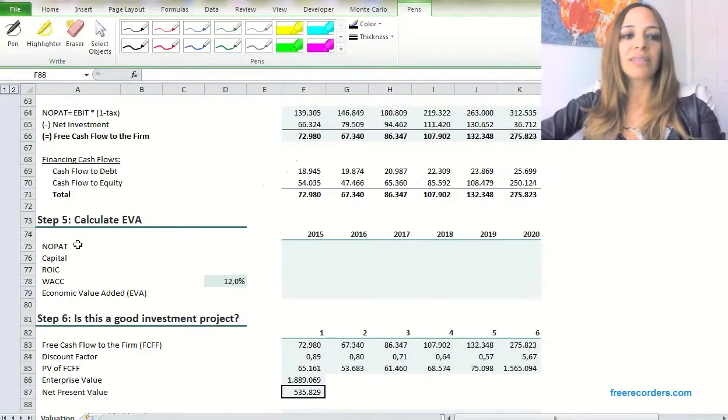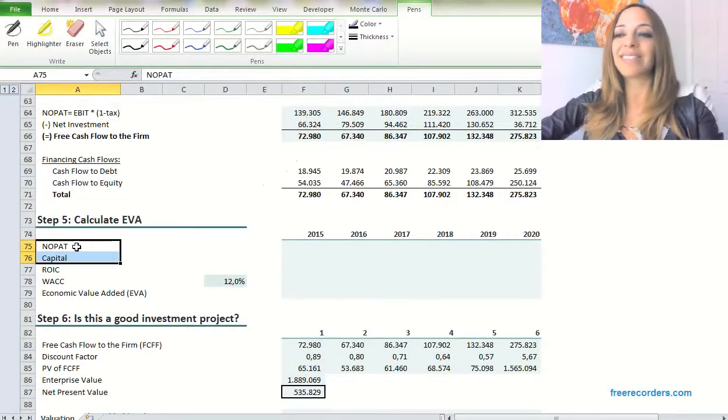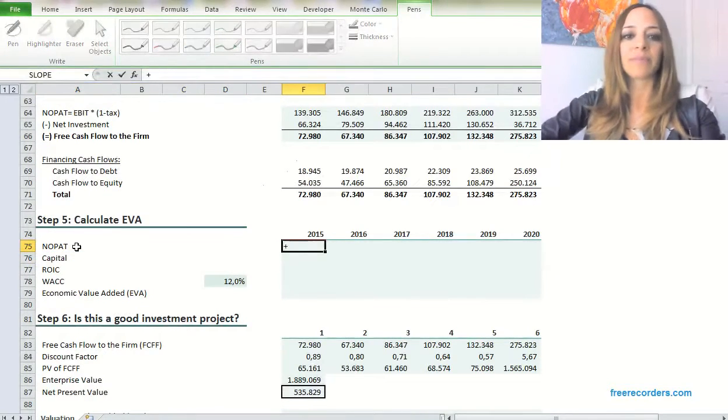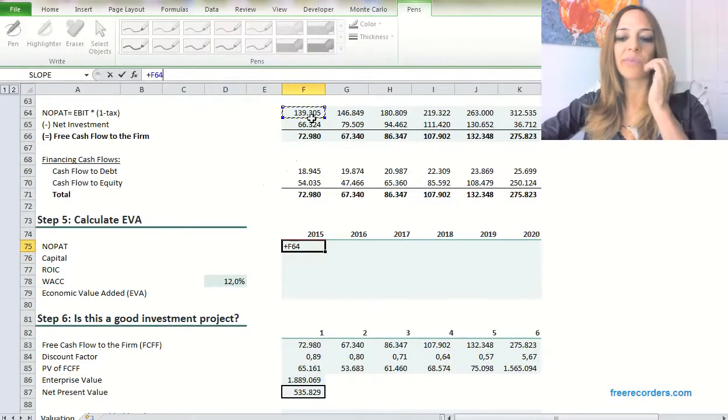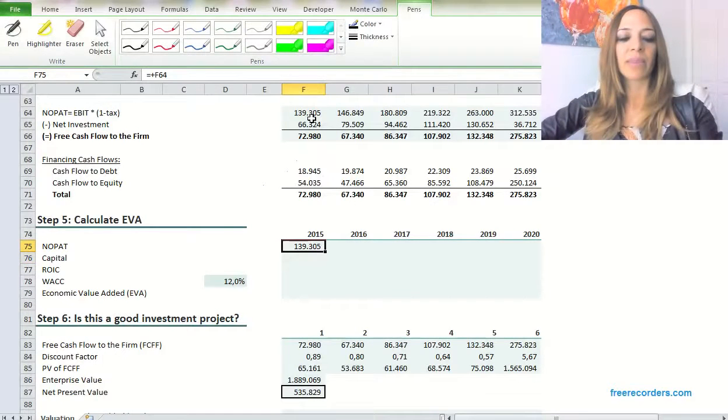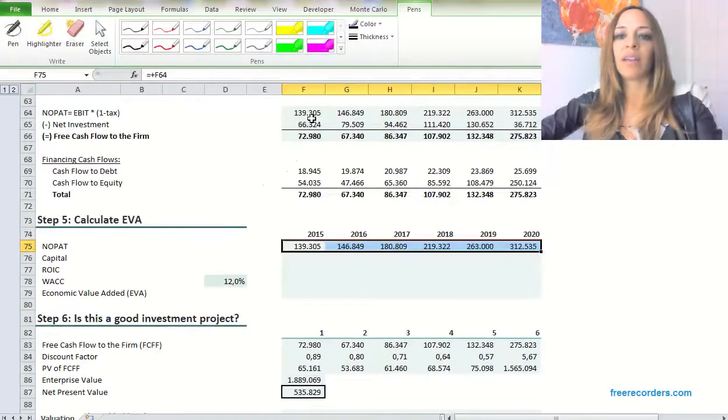Okay, the starting point of EVA is the same as in the free cash flow methodology. NOPAT and invested capital. We already calculated NOPAT. We have it here on line 64. Net operating profit after tax.